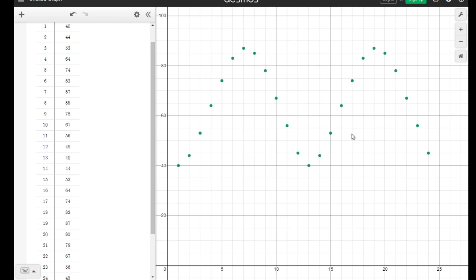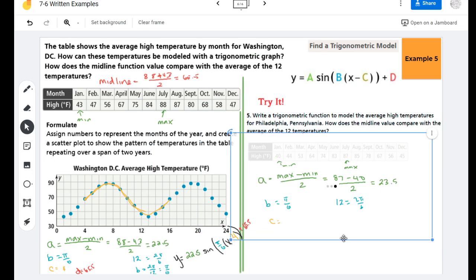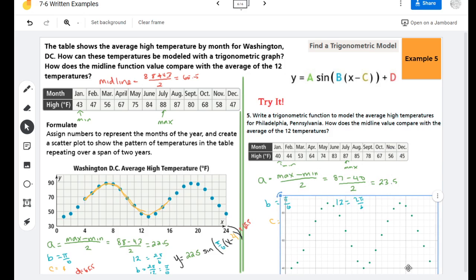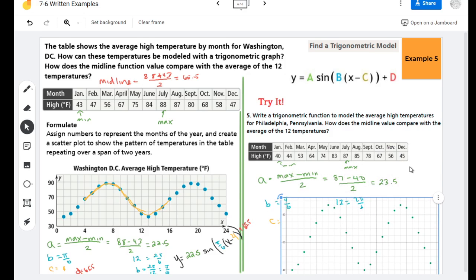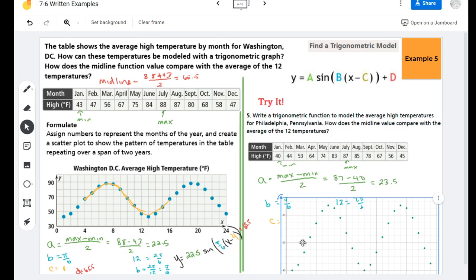It's just figuring out about where it's at. Okay, I'm going to cut and paste this onto my graph just to make my life easier later. We're just going to write on top of it. So there are my points. That'll be easier to help me see it. And so if I find my midline, if I find my D, I shouldn't have pasted this in here because I'm going to put that midline on there.